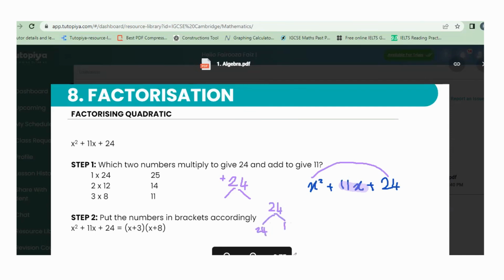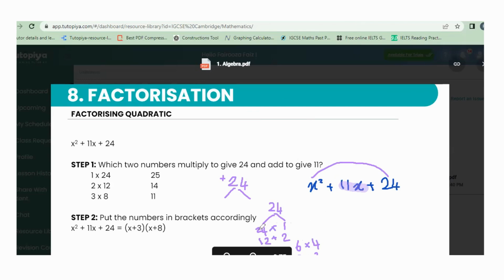What else? 12 times 2 makes 24. Any other multiples for 24? How about 6 times 4? Yes. And then 8 times 3. So now we have 4 pairs of factors here, and we can't be using all of them. We need to choose which one to apply in this question.